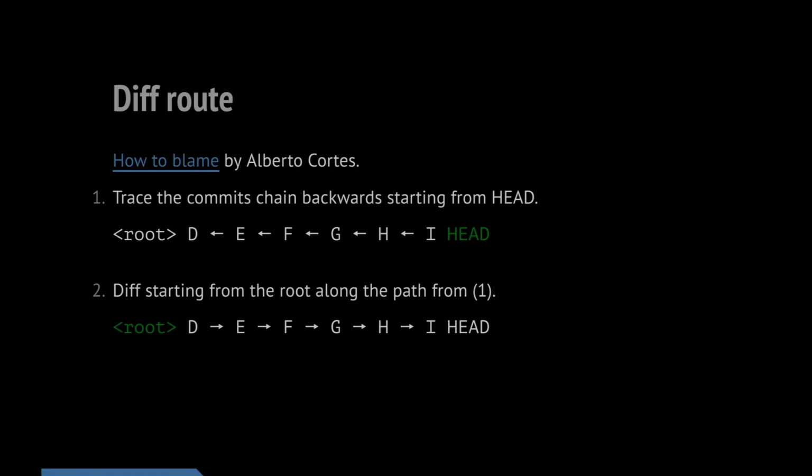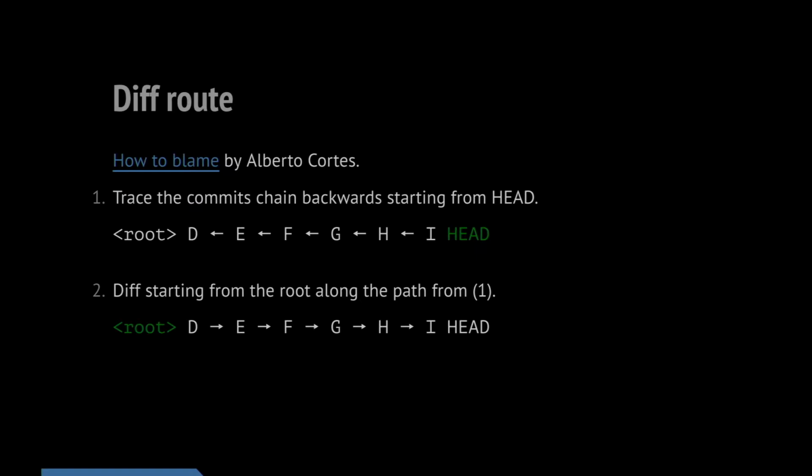So let's start with the diff root. You have the root commit here. You have the last head commit here. So the algorithm is very straightforward. Our engineer, Alberto Cortés, has a really nice presentation about git blame internals. It's called How to Blame.